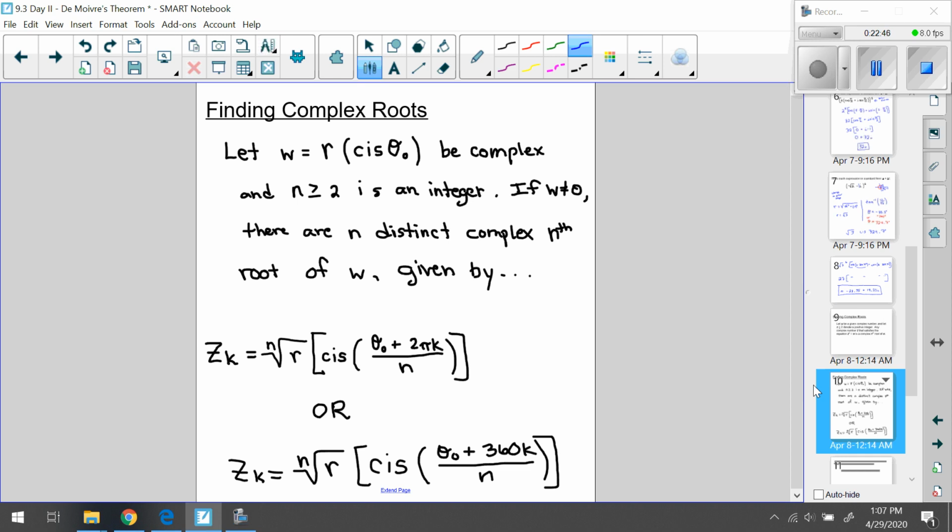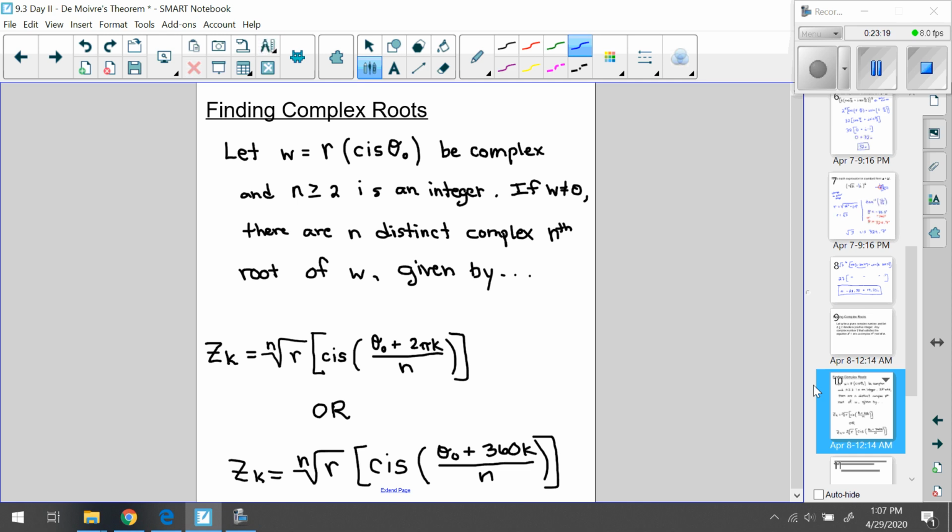If W equals R cis theta, where theta is some angle, is complex, then Z sub K equals the nth root of R times cis of the angle plus 2 pi K, over N. Or if you're using degrees, instead of 2 pi K, we'll use 360 degrees K. Now this formula looks a little complicated, but once we actually use it, you'll see it's pretty much the opposite of what we were doing.